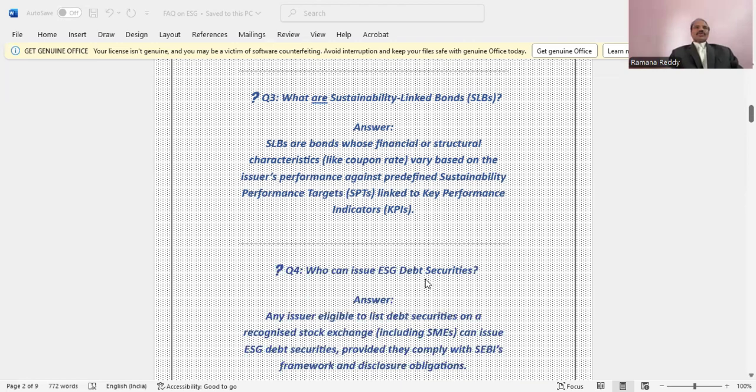Who can issue ESG debt securities? The answer is any issuer eligible to list debt securities on a recognized stock exchange, including SMEs, can issue ESG debt securities, provided they comply with SEBI's framework and disclosure obligations.